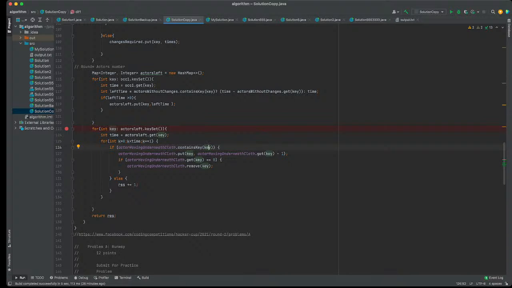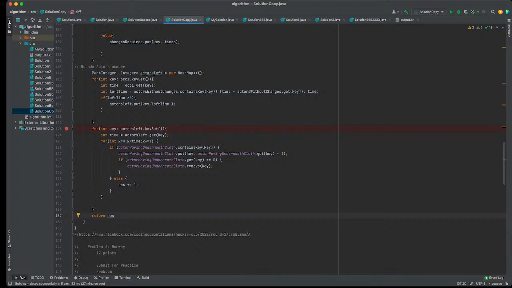If it does, I update the bookkeeping to reduce the number of opportunities for the persons who wore this clothes in the initial stage. If I can utilize this opportunity, I will not increase the number of changes. If the current actor does not have an opportunity now, then this actor needs to change clothes. That means the number of changes will increment by 1 in this stage, and finally I solve this problem.